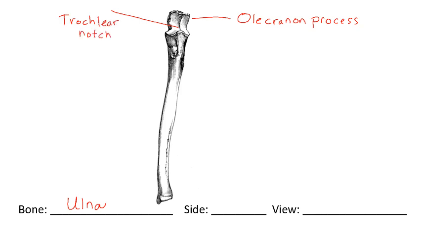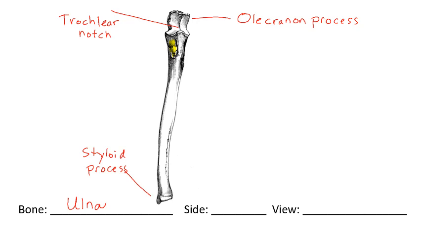I'm going to go right down to the bottom, to the styloid process. And you might have shaded in, I'm going to go to a highlighter here, you might have sitting around here, you were thinking, was the radial notch.